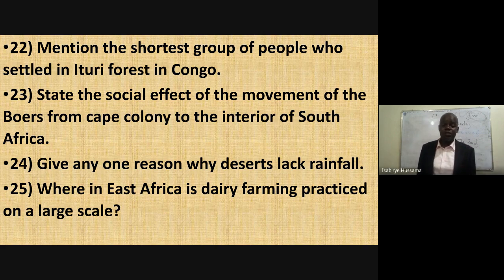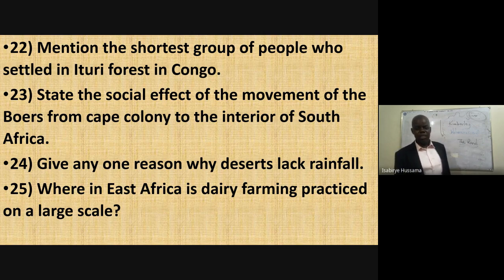Deserts receive dry winds. That is answer number 1. 100% correct. They receive dry winds. That's the best answer. The others, that they don't have thick forest, will come. But the best answer is deserts receive dry winds, which lack what? Moisture. Very good.